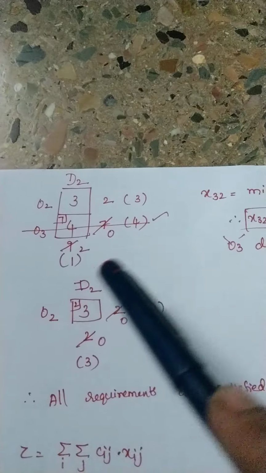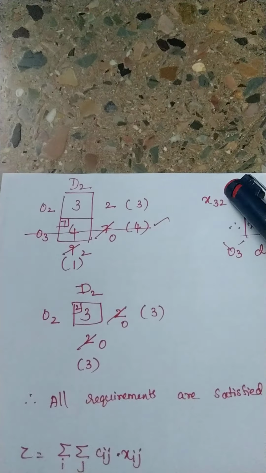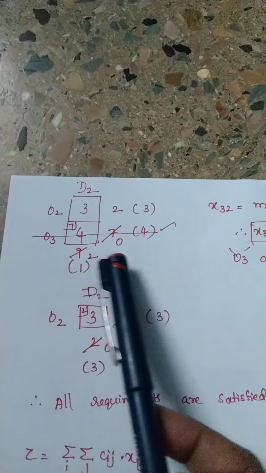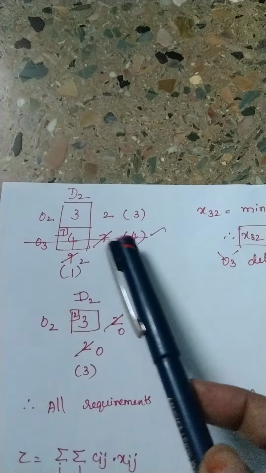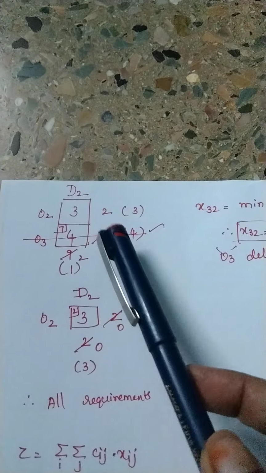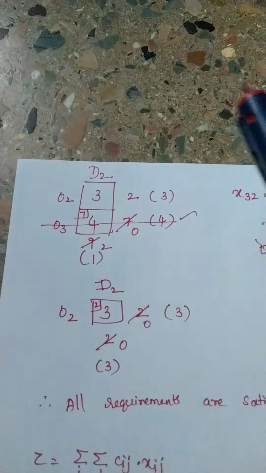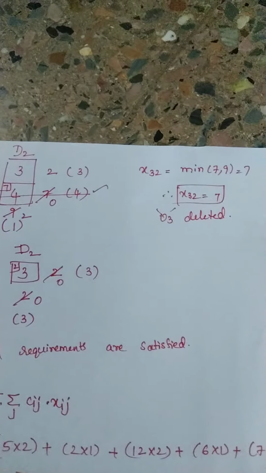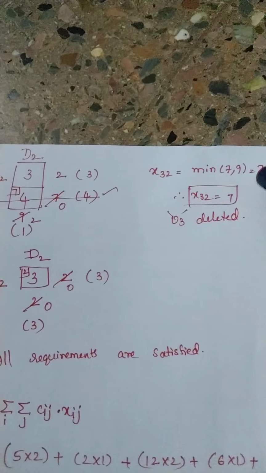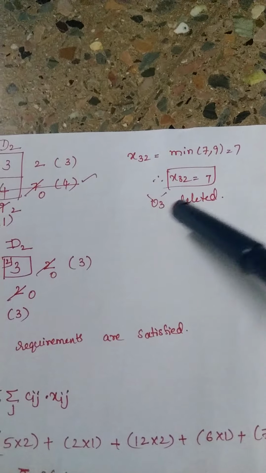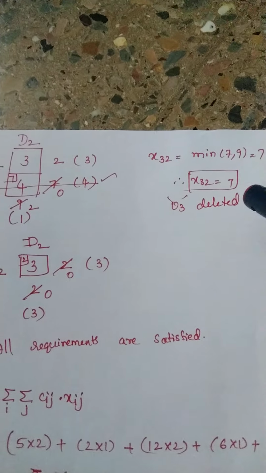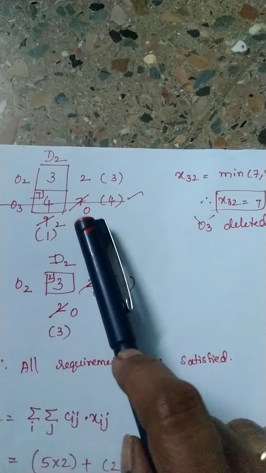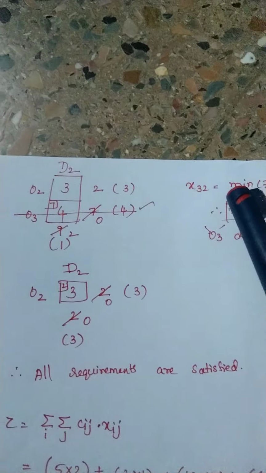So what is the highest penalty? 4. We tick that penalty, and the least value there is 4. So with 7 and 9, what is the least value? 7. We give 7 in the cell x32. So x32 equals the minimum of 7, 9, that is nothing but 7. So x32 equals 7. O3 is deleted, since its value becomes 0, so we cancel that.